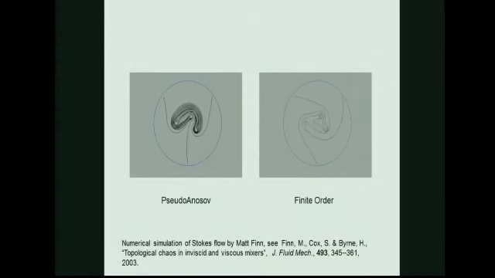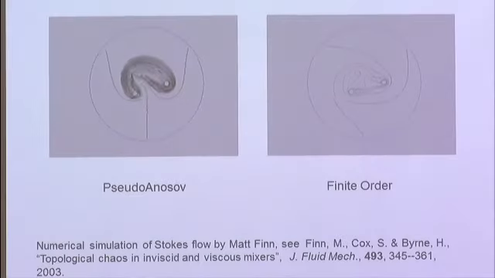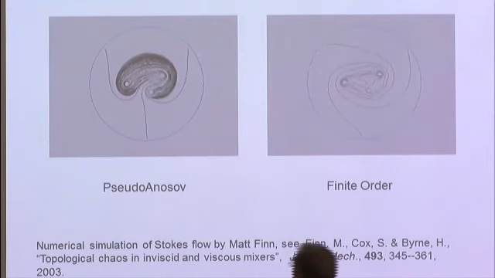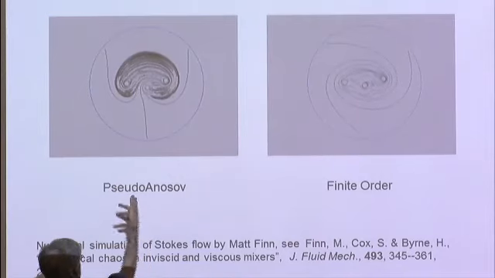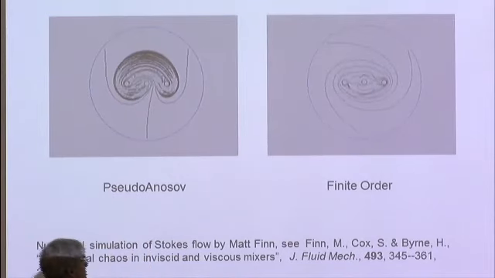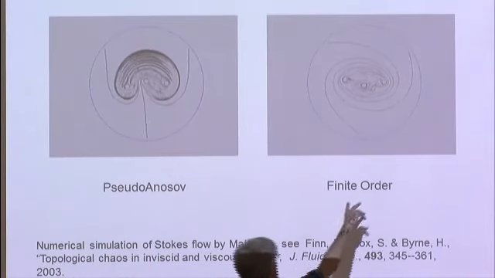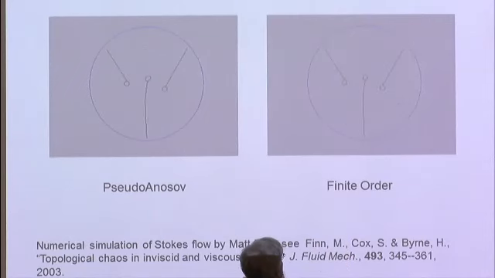You have 2 stirring protocols, which are the motion of the rods. Let me be explicit about what's going on. On the left, we do these guys clockwise, then counterclockwise. On the right, we do these clockwise and then clockwise.